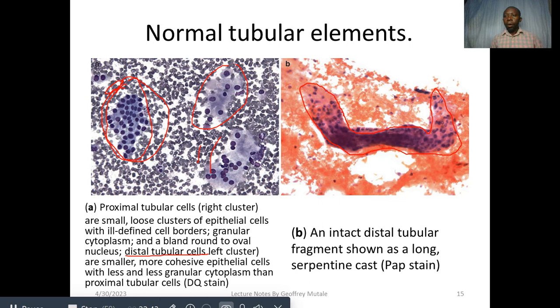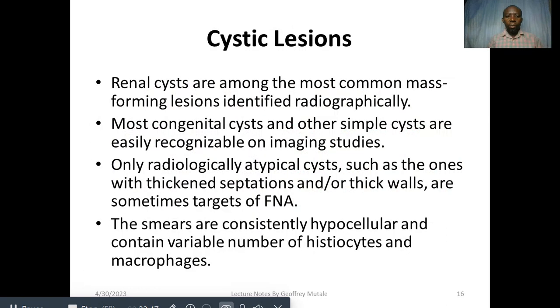Okay, I think we can move on. So let's look at cystic lesions of the kidney, and in this case we can say that renal cysts are among the most common mass-forming lesions identified radiographically, just like any other tumors, and most congenital cysts and other simple cysts are easily recognizable on imaging studies.